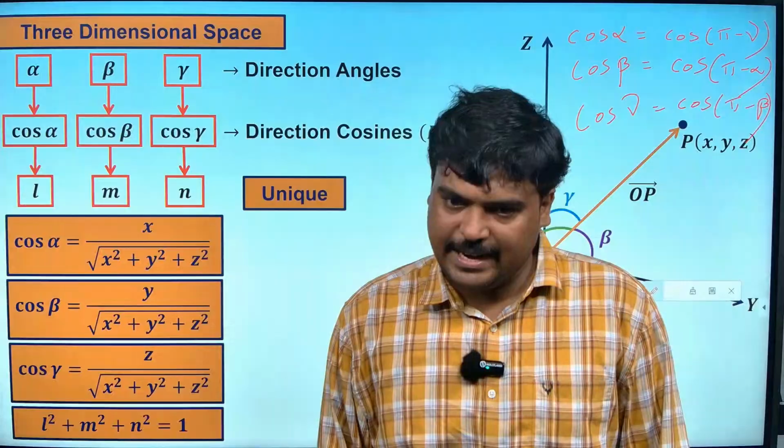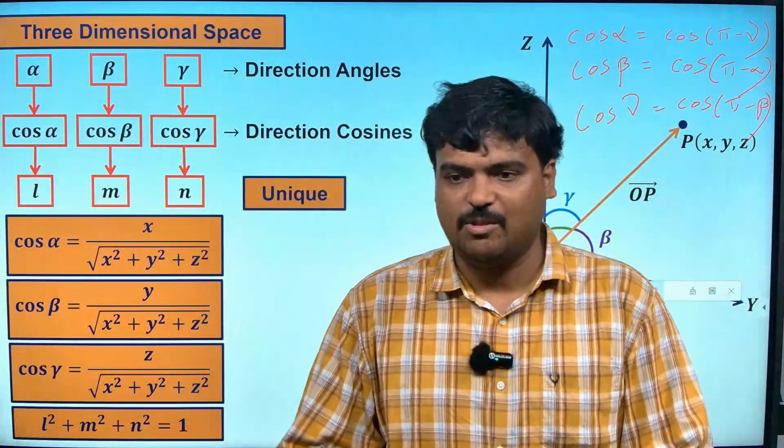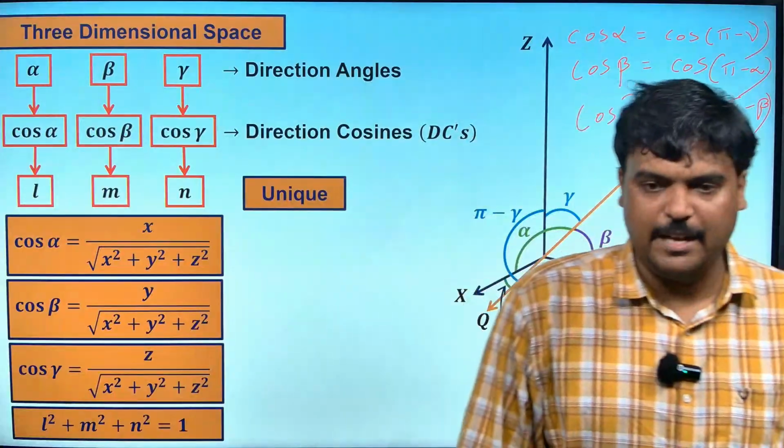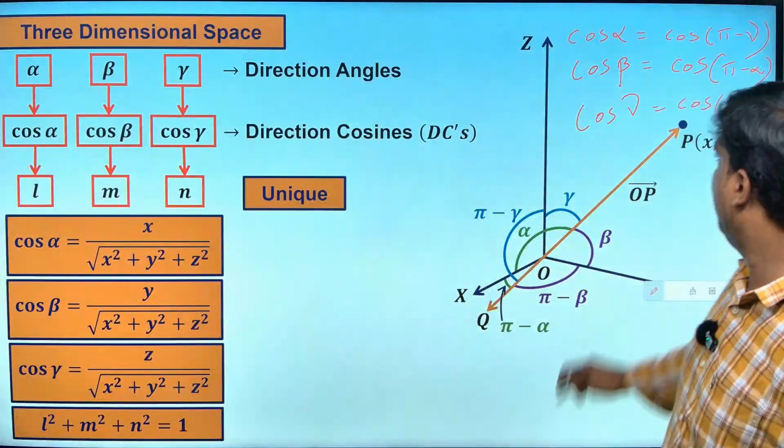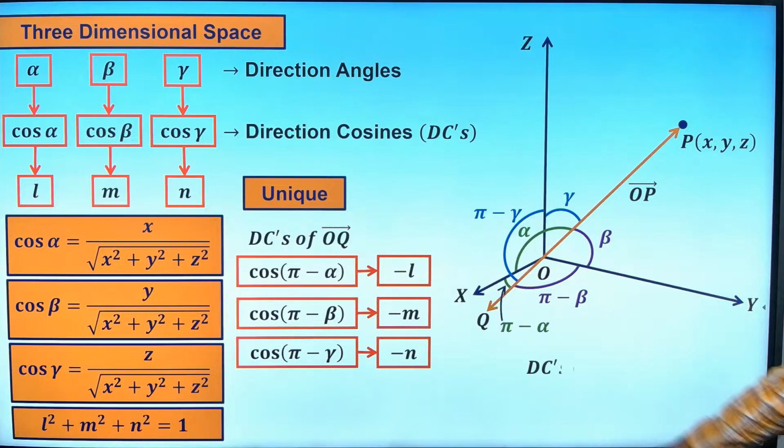Minus cos theta. Pi minus theta is the second quadrant. In the second quadrant, is cos positive or negative? Negative. So cos pi minus gamma will be minus cos gamma. So if I replace everything, then it will become 0. So this will become minus L minus M minus N.